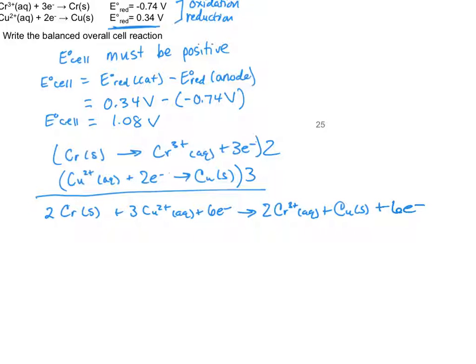Okay. Electrons, of course, would cancel, and that's your overall reaction. But it's important to note that 6 moles of electrons are transferred. We're going to need that in order to calculate delta G and K. Everyone okay with that?